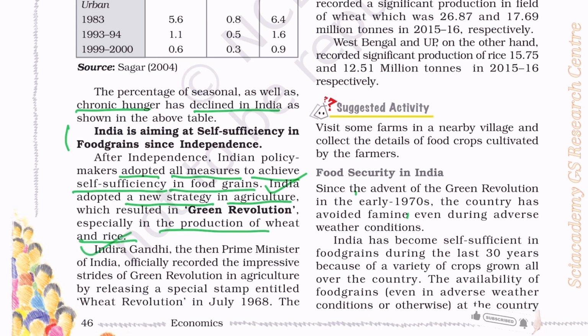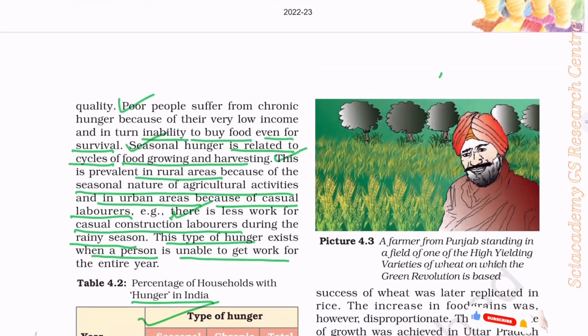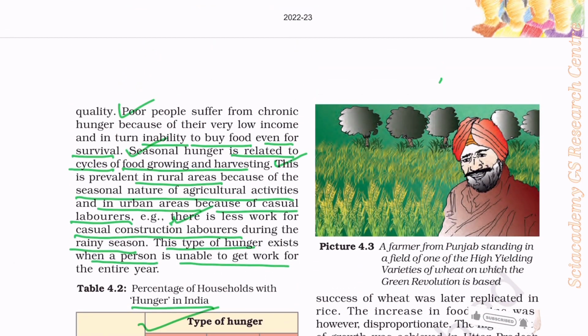Indira Gandhi, the then Prime Minister of India, officially recorded the impressive strides of the Green Revolution in agriculture by releasing a special stamp entitled Wheat Revolution in July 1968. The success of wheat was later replicated in rice.